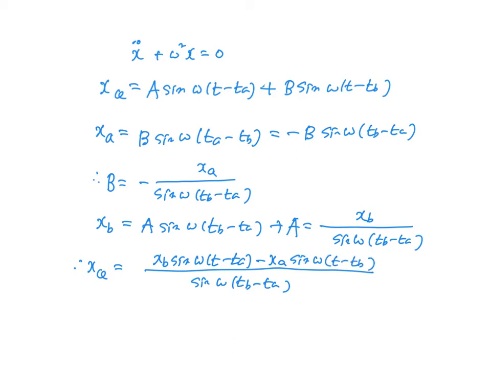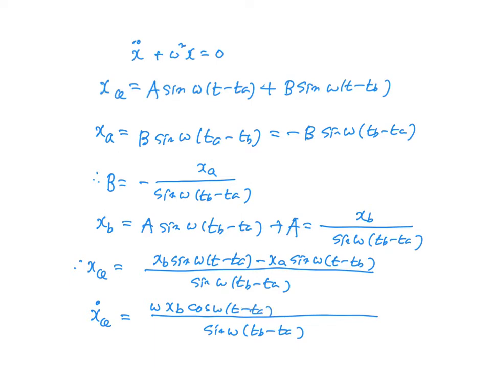And if we differentiate with respect to t, then x classical dot becomes 1 over sine omega (tb minus ta), and we have omega x_b cosine omega (t minus ta) minus omega x_a cosine omega (t minus tb).